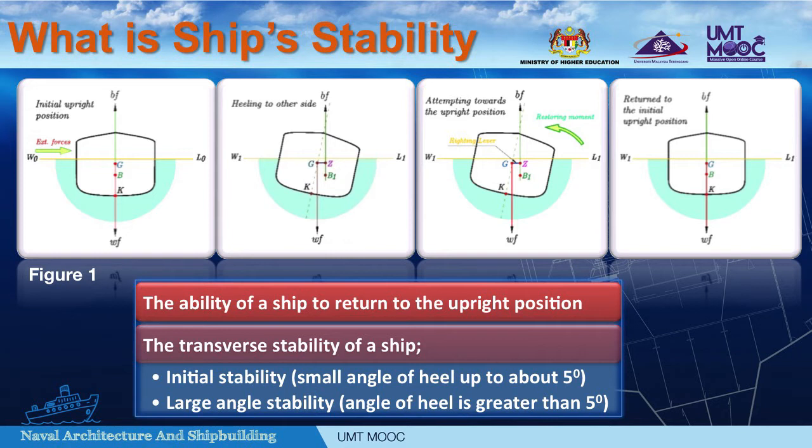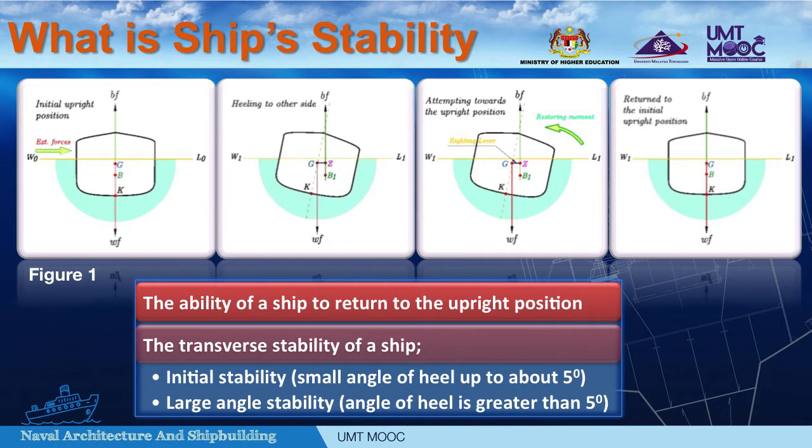First is the initial stability, where the ship is held to a small angle of inclination up to about 5 degrees. And the second category is the large angle stability, where the ship is held to a large angle of inclination, which is greater than 5 degrees. To get a clearer understanding of this ship stability, it will be discussed on the next slide.